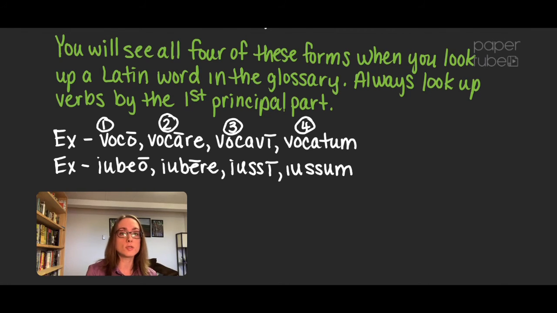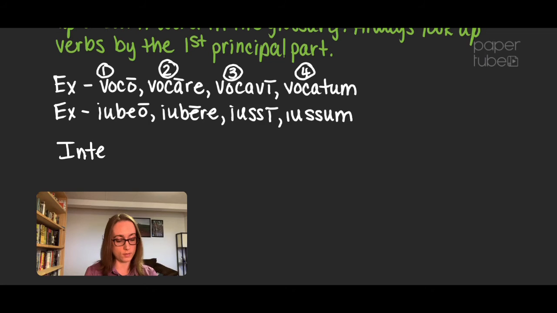So those are the principal parts of verbs, and again, they're very important, especially moving forward when you learn the perfect tense. It talks about the interrogative particles, and you already are familiar with ne as an interrogative particle.